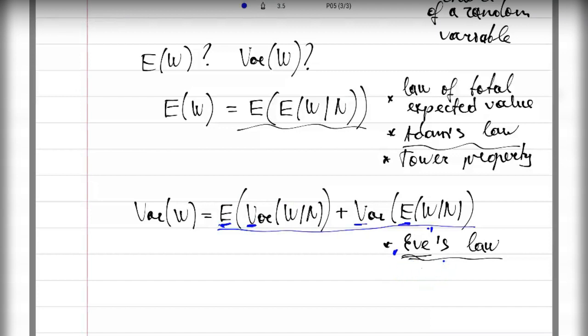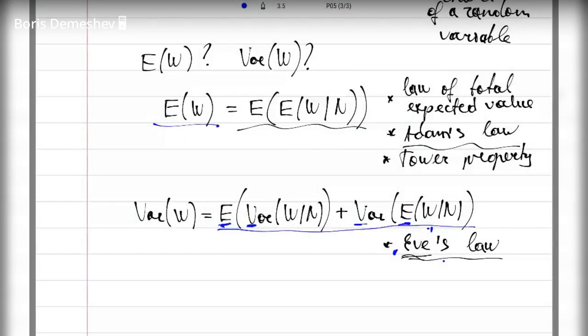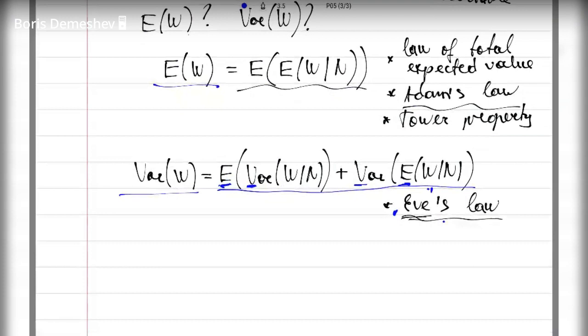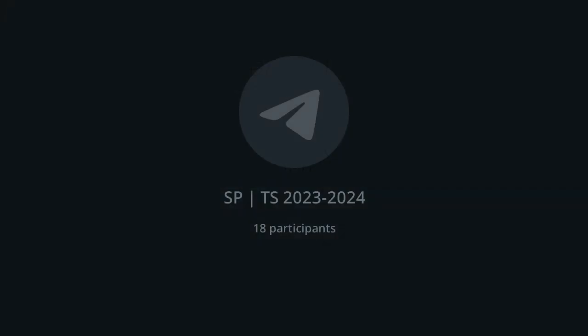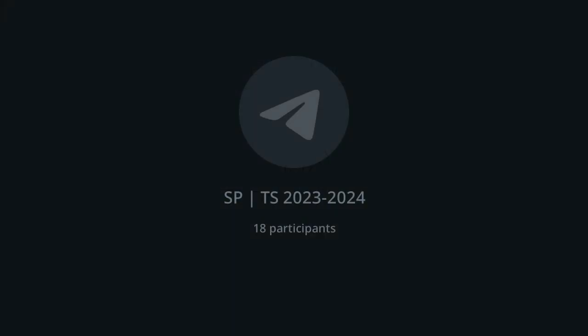Okay, so let's find this expected value of W and variance of W. The idea is very simple, basically. When you calculate expected value of W, you may fix N. So let's say that N is non-random. So how to calculate expected value of W if you fix N?